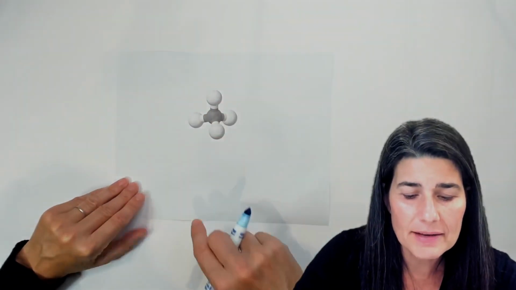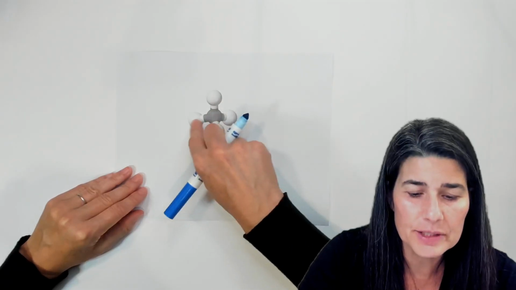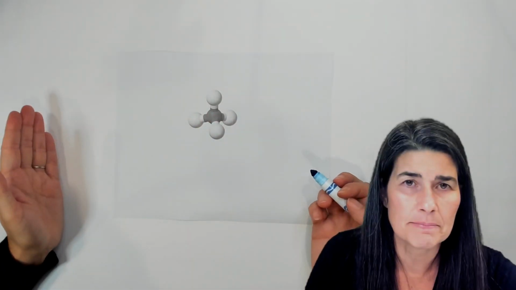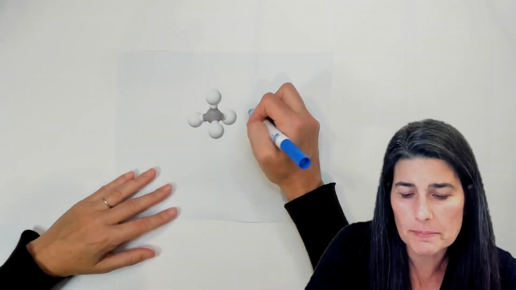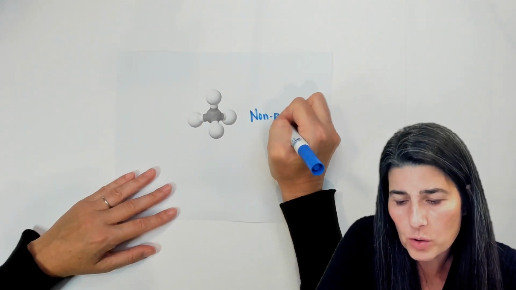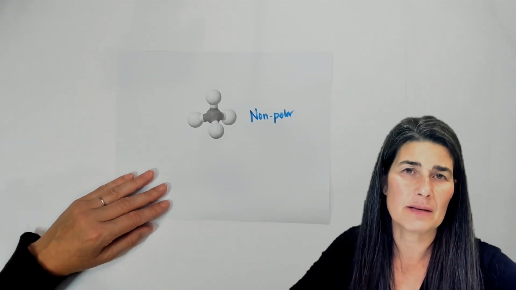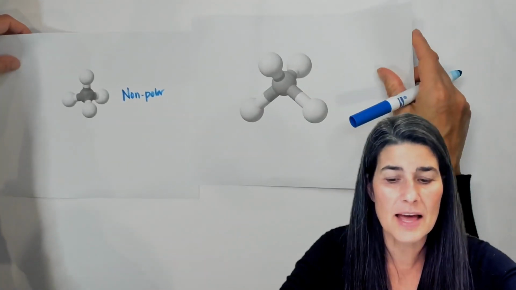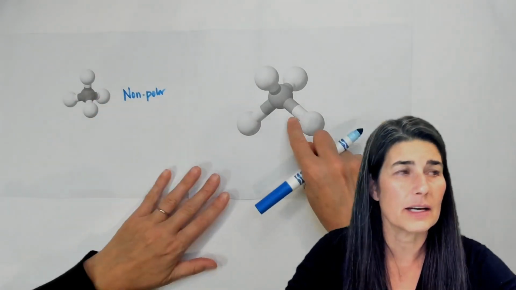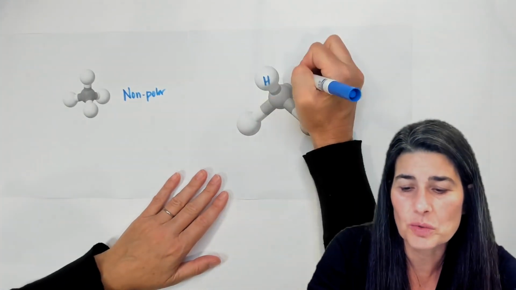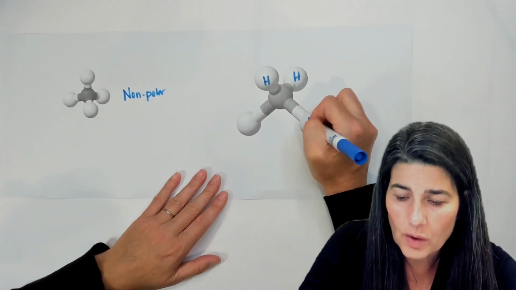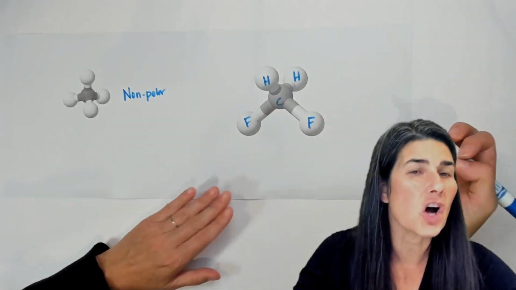So if you have a tetrahedral structure where every single atom is exactly the same, great. It's going to be non-polar. Perfect. However, if two of those atoms are different than the other two, so that's what I kind of drew here. Let's say you have two H's and two F's on, let's say, a carbon.